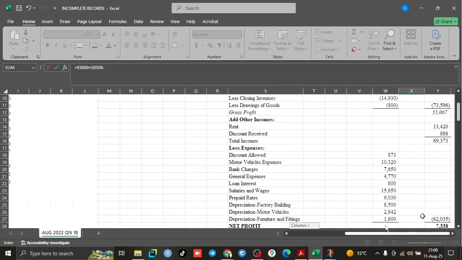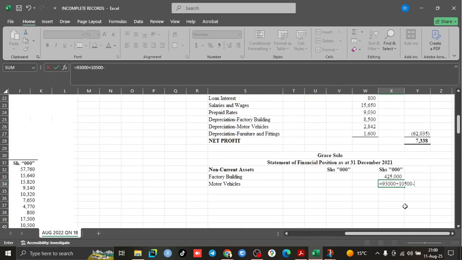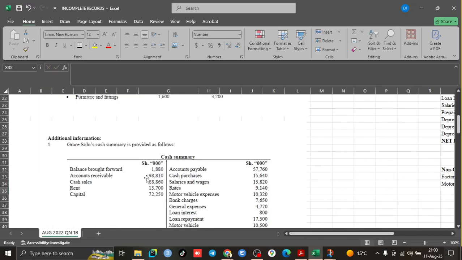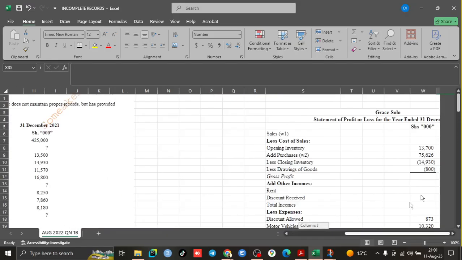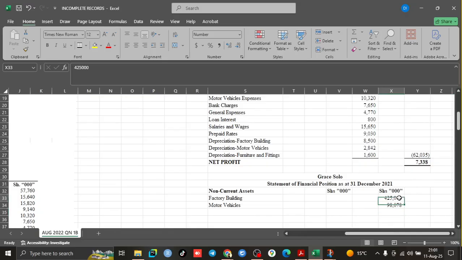I've just seen something and I had not anticipated it. So now here we have depreciation of factory building, 17,000. Depreciation of factory building 17. We must subtract it as well, because it does depreciate. I had assumed that because the cost is constant, it won't depreciate, which is not true.